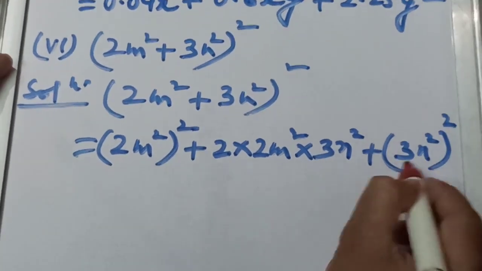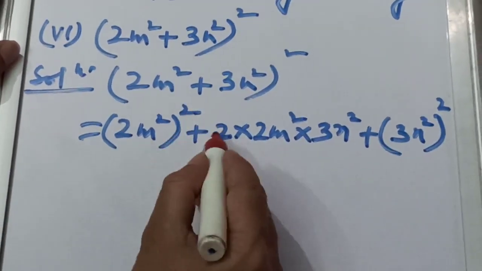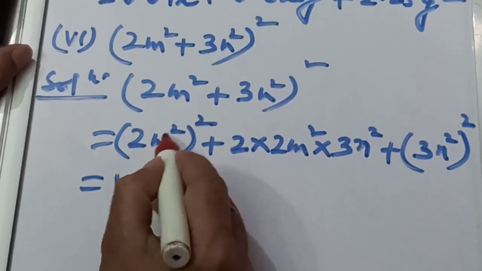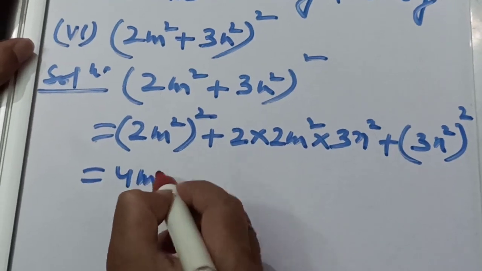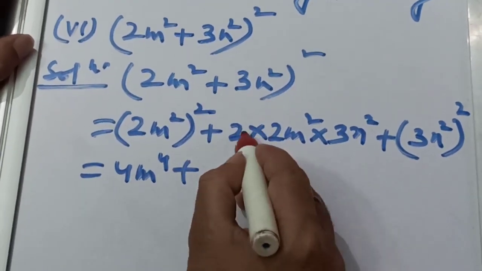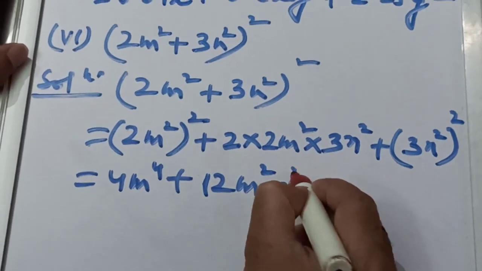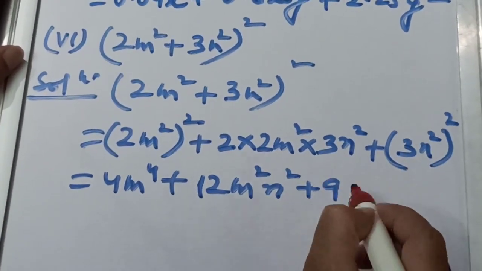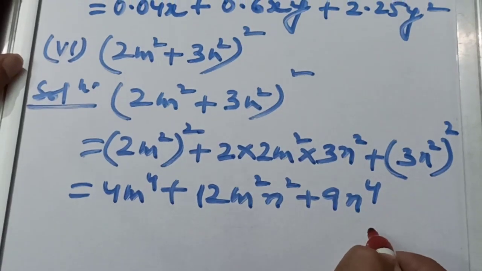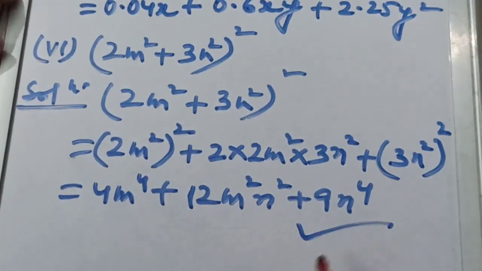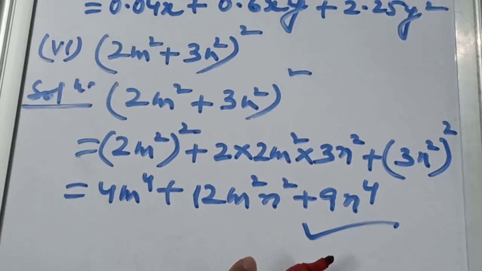A square plus 2ab plus b square. After that 2 into 2 is 4, m square and m square, m to the power 4, plus 2 into 2 into 3 is 12, m square n square, plus 3 into 3 is 9, n to the power 4. See clearly? Okay.